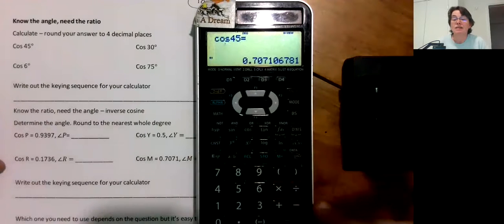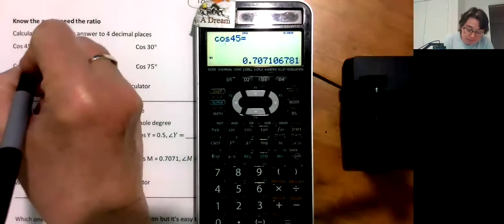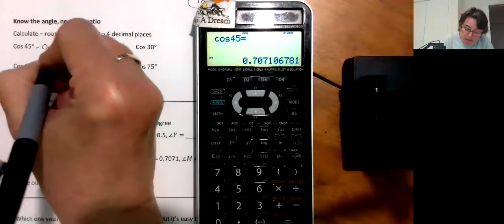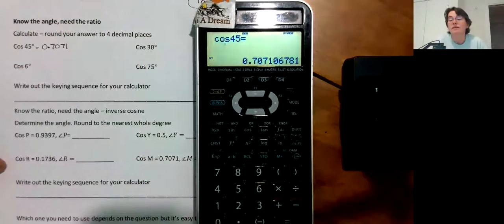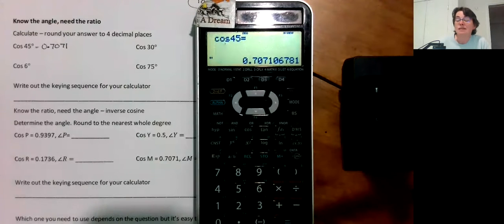Just ignore that little part, that's just a quirk of my calculator. 0.7071. My calculator gives me exact values, which is root 2 over 2. Take pre-calc or calculus, and you'll need to know those for math 20 or math 30.